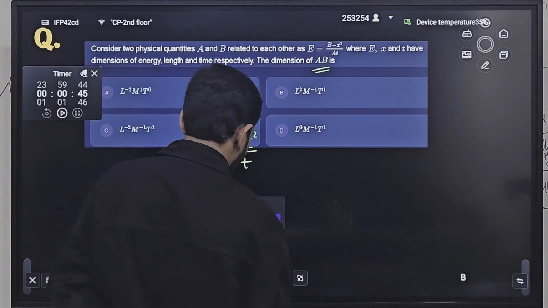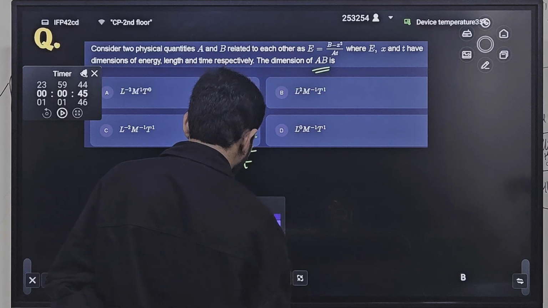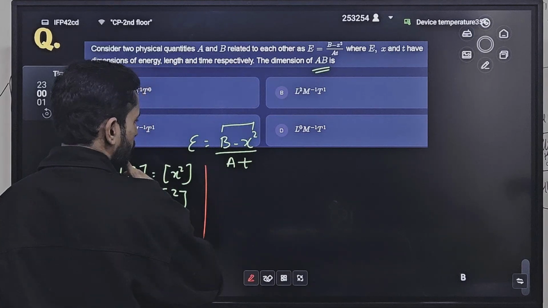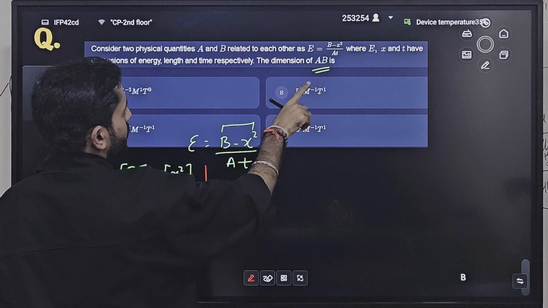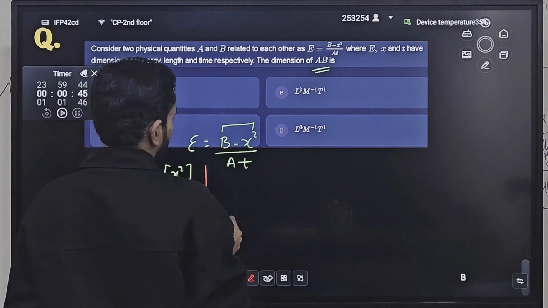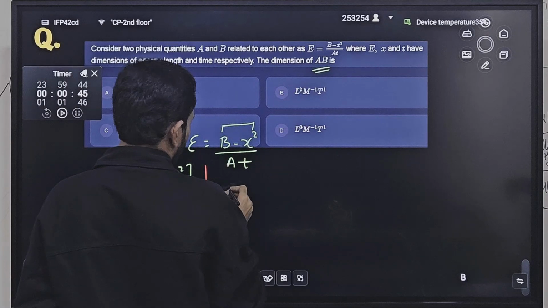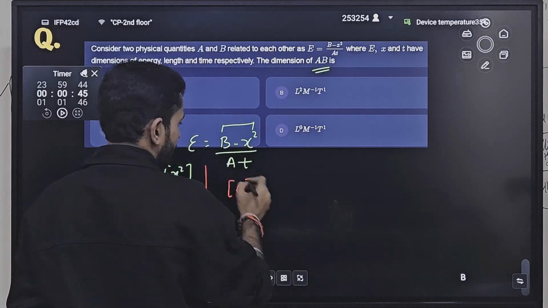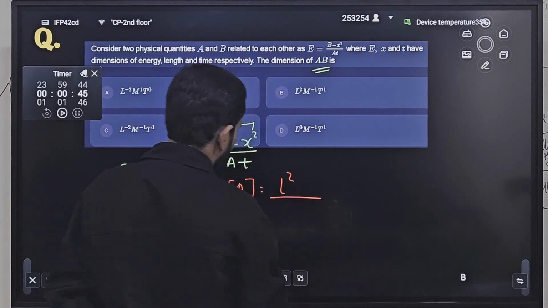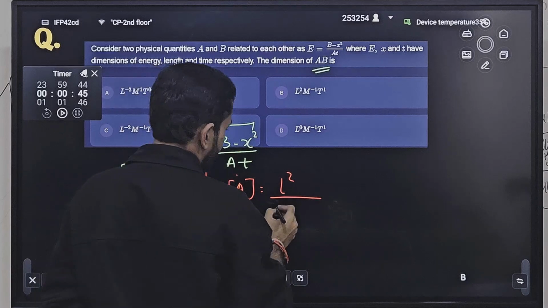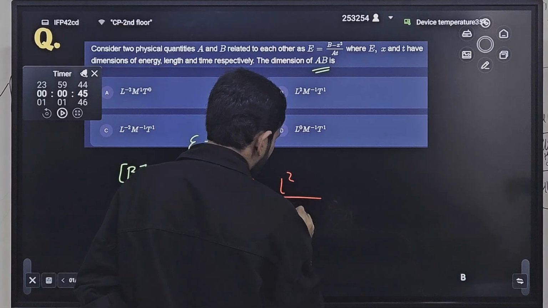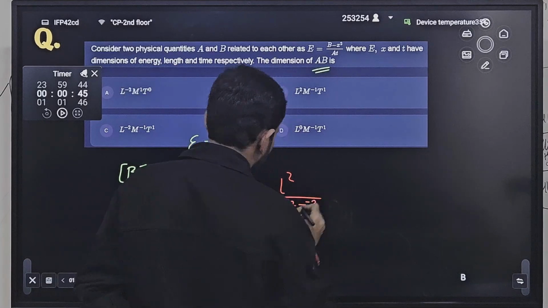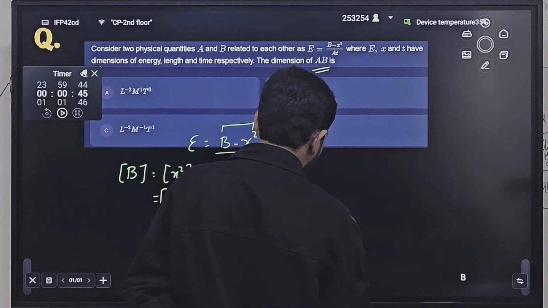For the second answer, on the left-hand side it is energy, because E is energy. So I can say the dimension of A should be equal to, in the numerator L square, divided by energy, which will come in the denominator, that means A will become M L square T minus 2, and then there is a multiplication of time here.